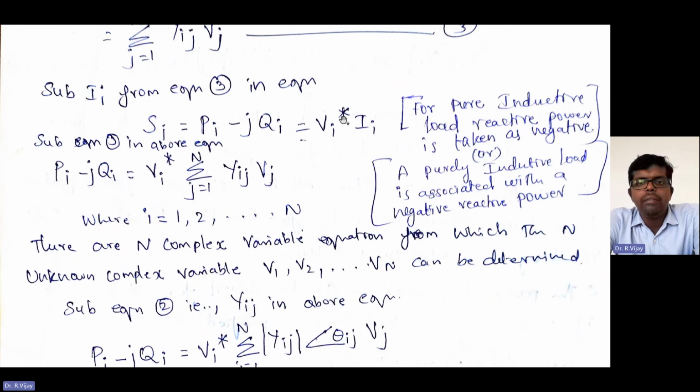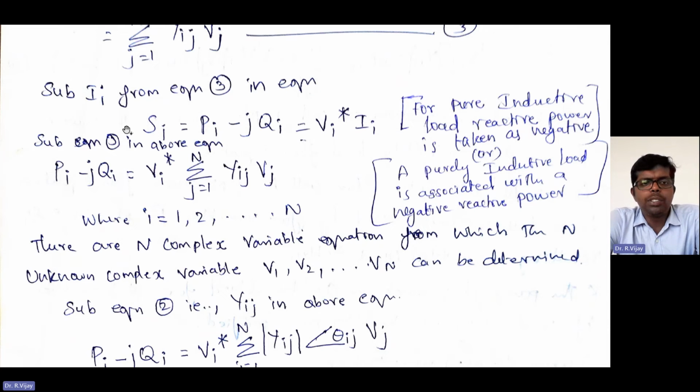So Si is equal to Vi star into Ii, that is nothing but Pi minus j Qi. Why this minus j Qi, I have already explained in the previous class: a pure inductive load is associated with negative reactive power.